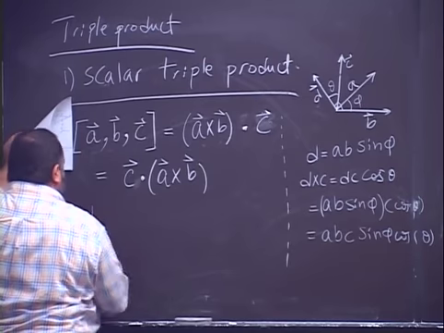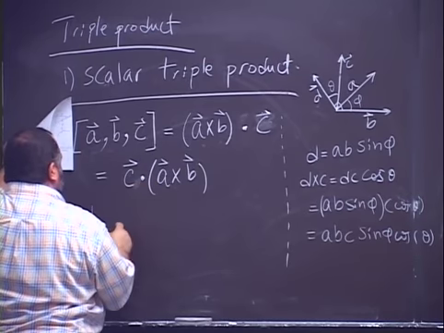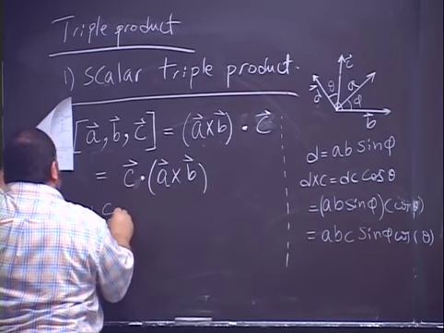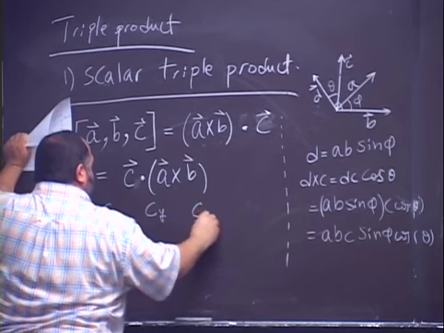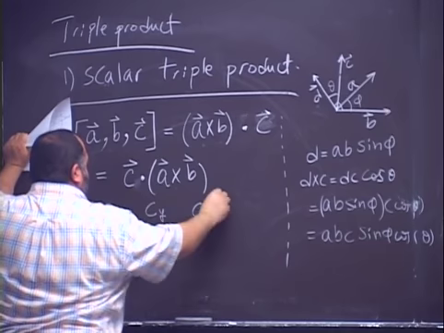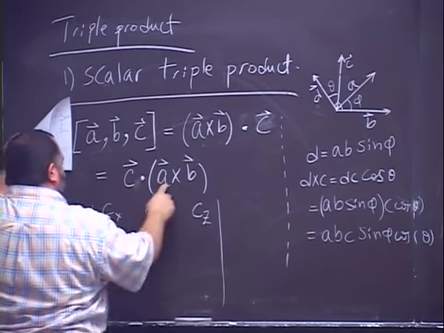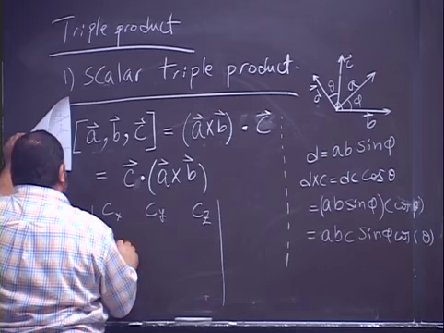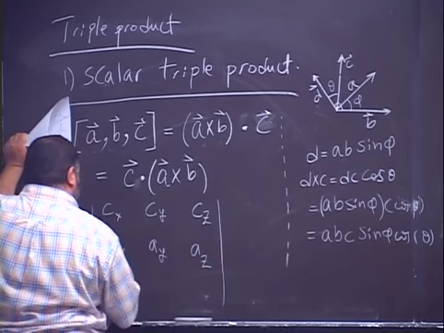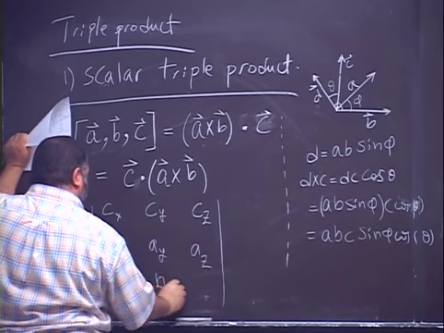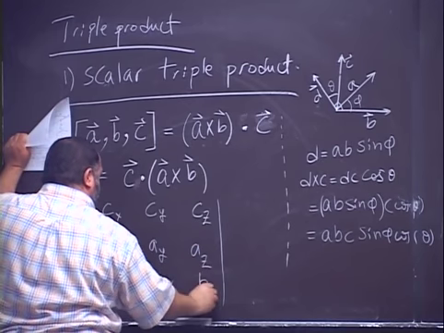And again, the evaluation of this will be the vector Cx, Cy, Cz if we start with this one. And then you will have the components of Ax, Ay, Az, Bx, By, Bz.